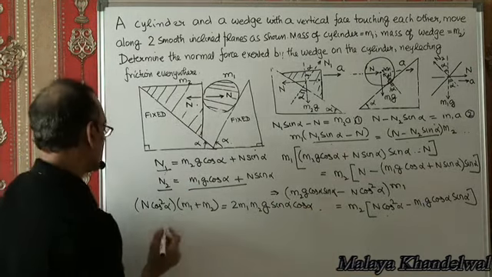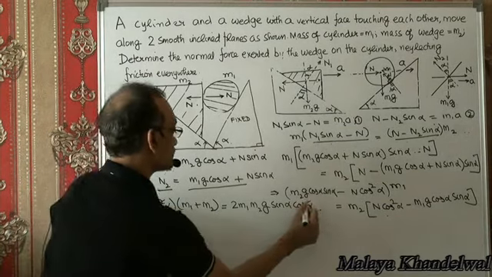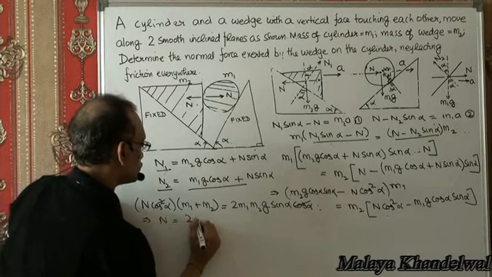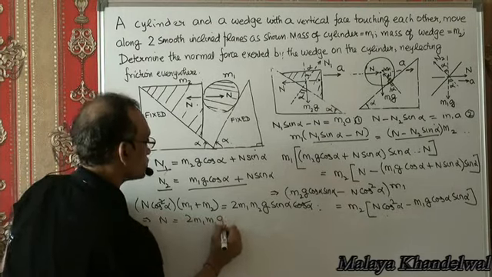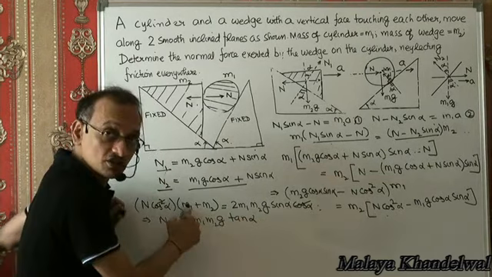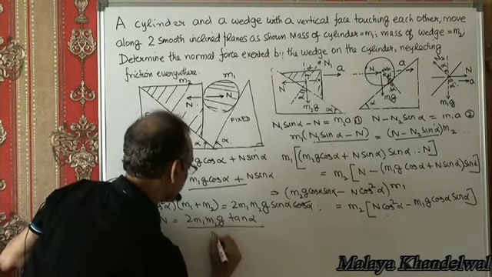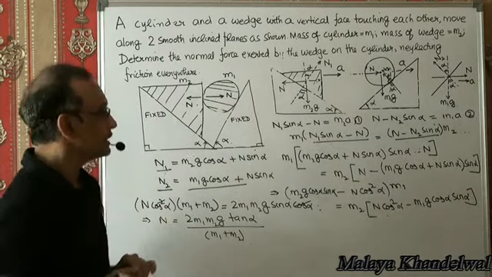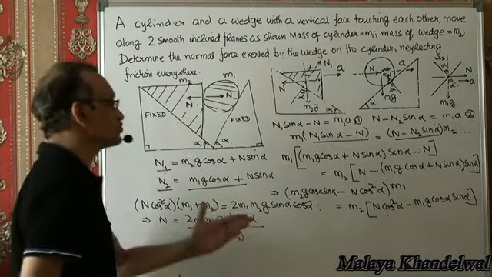And then 1 cos alpha will get cancelled with 1 cos alpha, and then I end up getting n equal to 2 m1 m2g sin alpha by cos alpha, tan alpha, by m1 plus m2. Right?